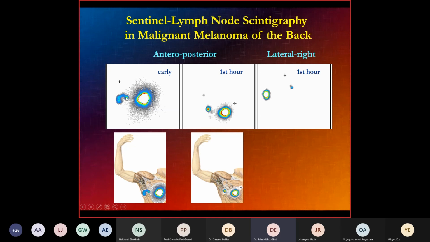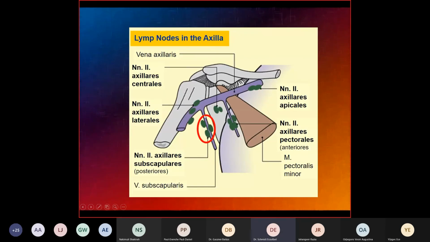In the early phase, you can see the lymphatic vessel, which is leading to the sentinel lymph node. You could find this sentinel lymph node in this region.